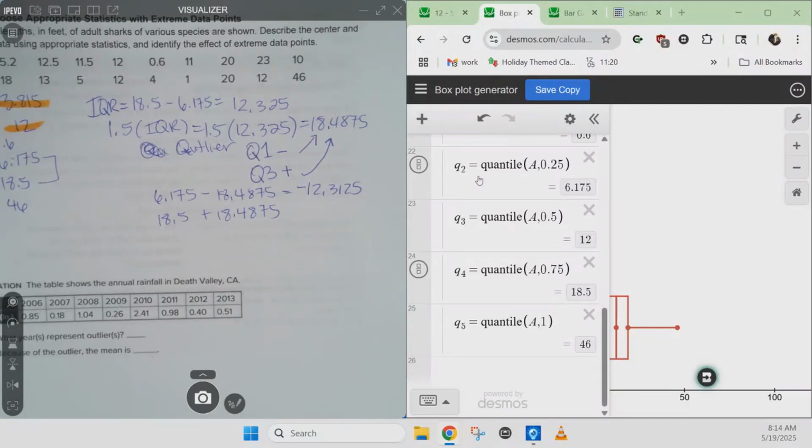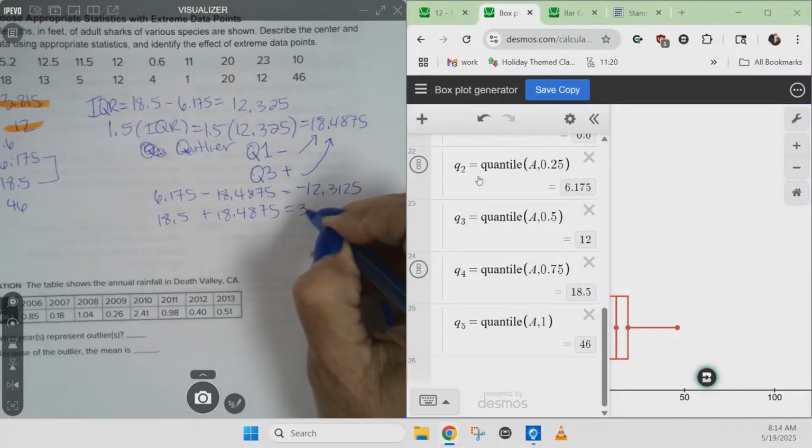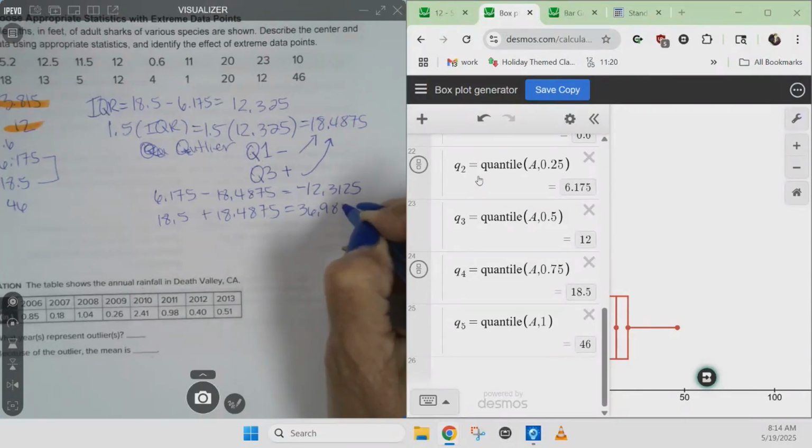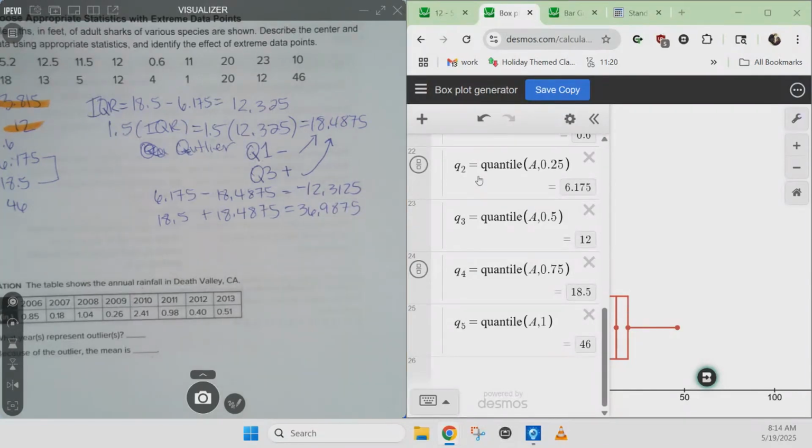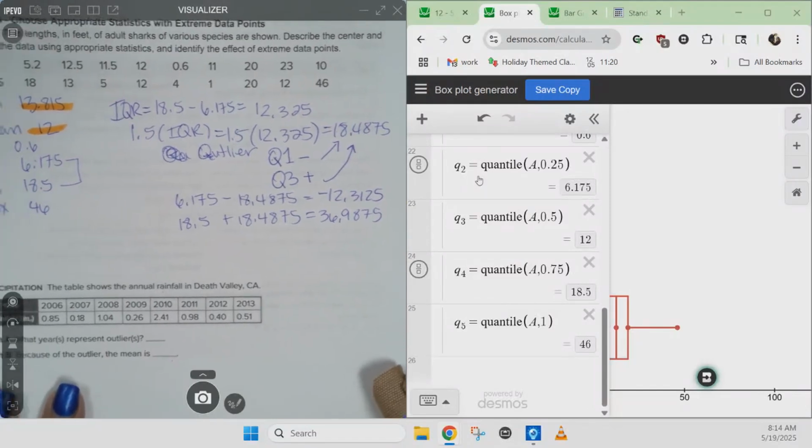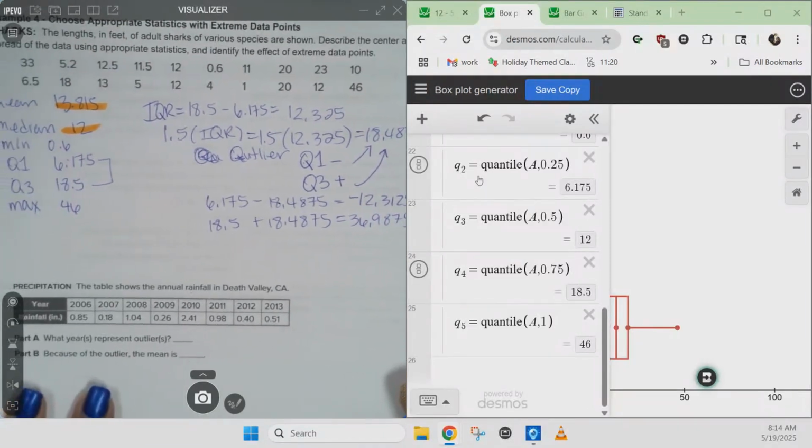Then I'm going to take this and add 18.5. And I'm going to get 36.9875. So now let's look up at this data up above. Is there anything higher than 37?